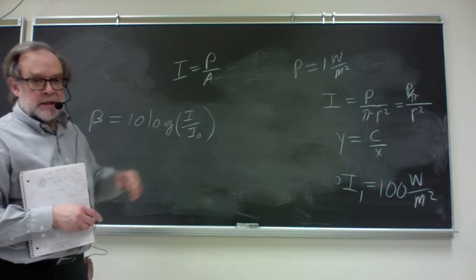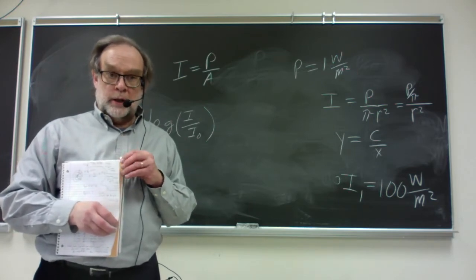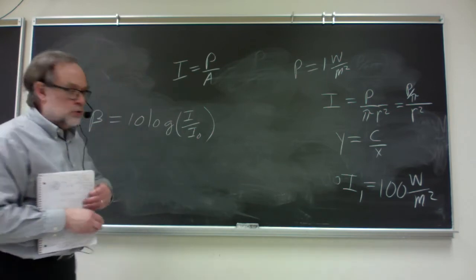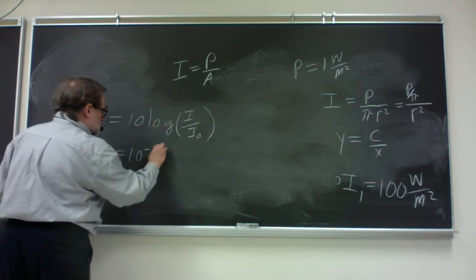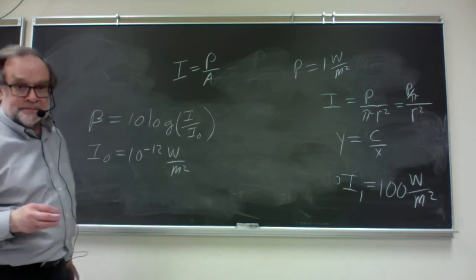This reference intensity is the quietest intensity that a normal, healthy human ear can hear, and that comes out to about 10 to the minus 12 watts per square meter.